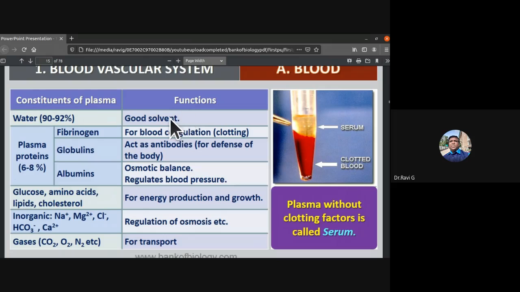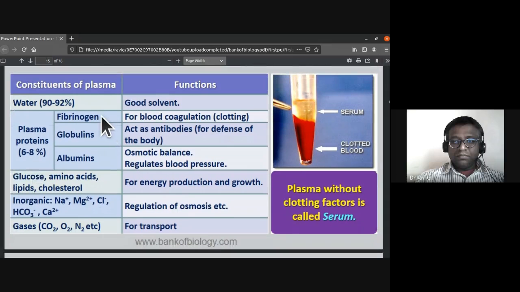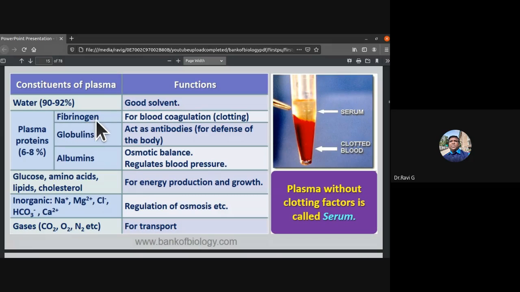The function of water is that it's a good solvent. The plasma proteins are 6 to 8%. What are the plasma proteins? They consist of fibrinogen, for blood clotting or coagulation. Globulins act as antibodies for defense of the body. Albumins help in osmotic balance and regulate the blood pressure.